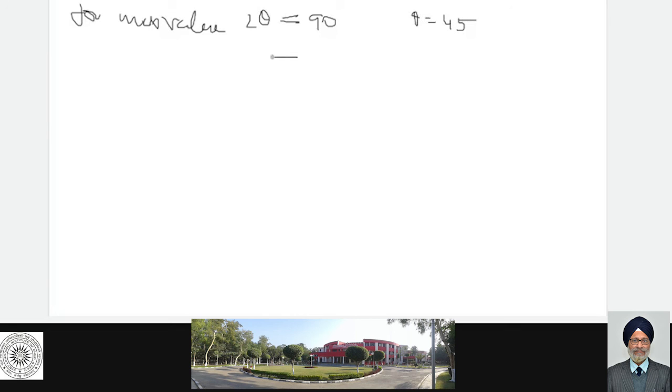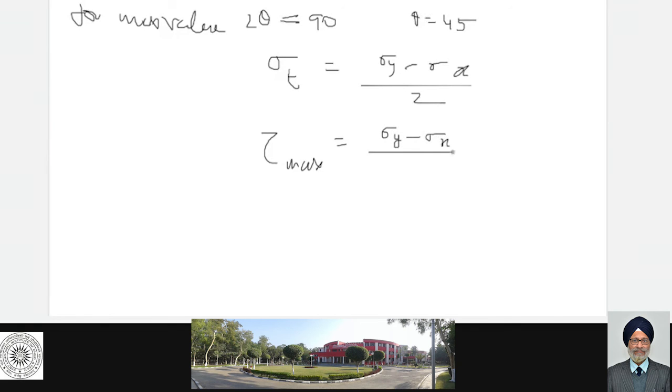So you will get sigma tau is equal to sigma y minus sigma x on 2. Or you can also write the shear stress max is equal to sigma y minus sigma x divided by 2. Right? So this way you can find out.